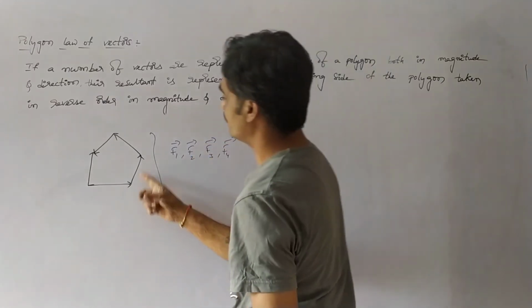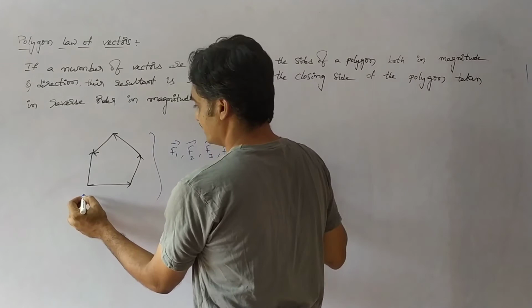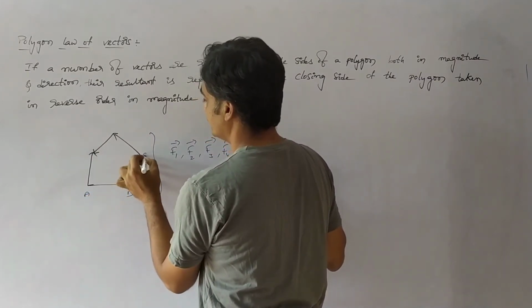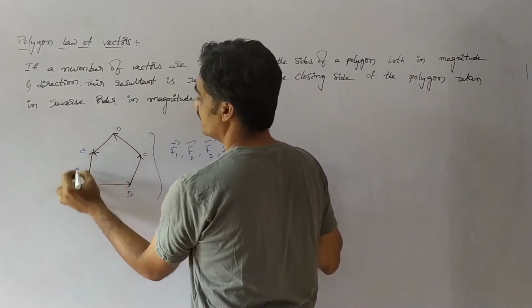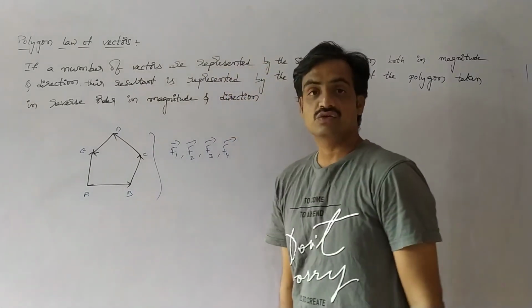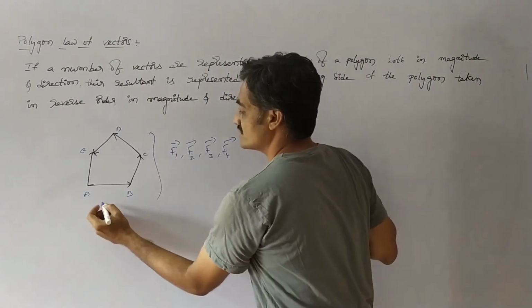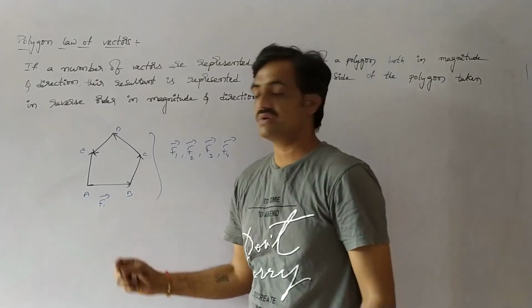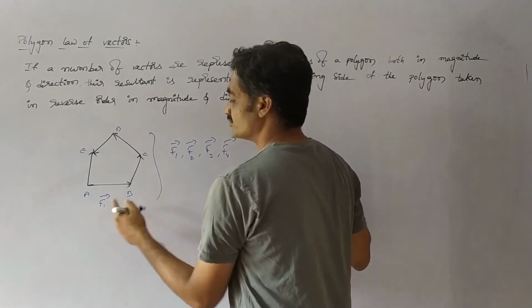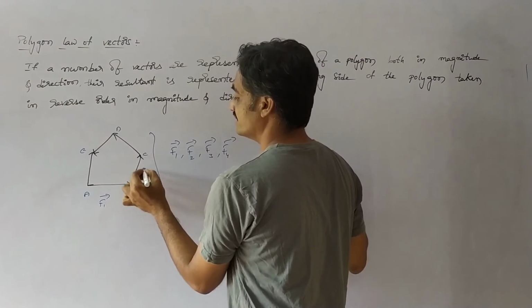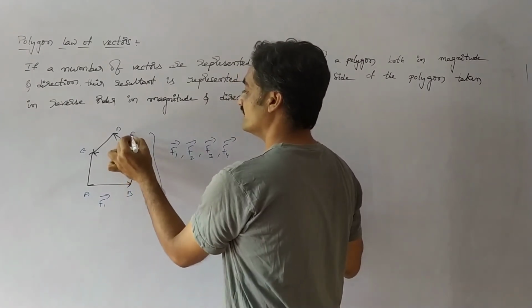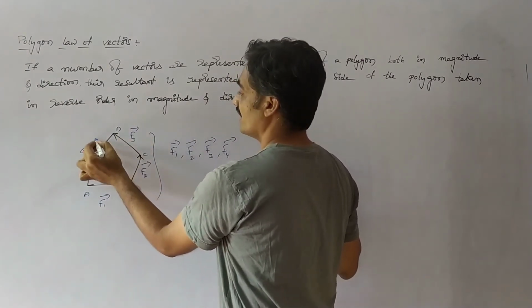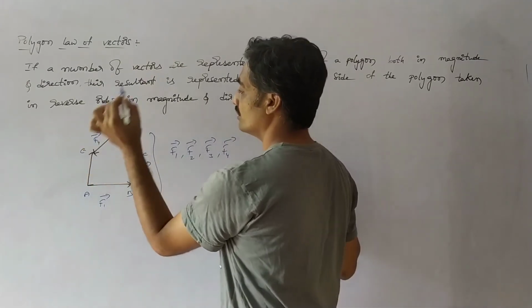I have considered four vectors with boundaries a, b, c, d, e. The first vector is represented as f1 bar, the second vector as f2 bar, the third as f3 bar and the fourth as f4 bar.